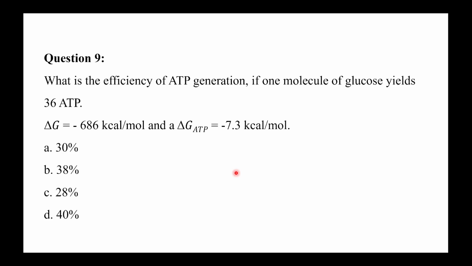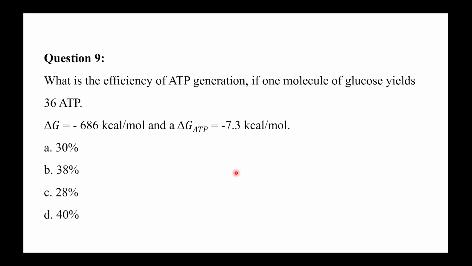So here the delta G value for the whole reaction that occurs starting from glucose and final product, that is CO2 and H2O, is given as minus 686 kilocalorie per mole, and delta G of ATP is given as minus 7.3 kilocalories per mole. Okay. So you have to calculate the efficiency of ATP generation.